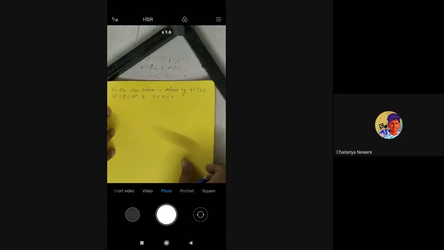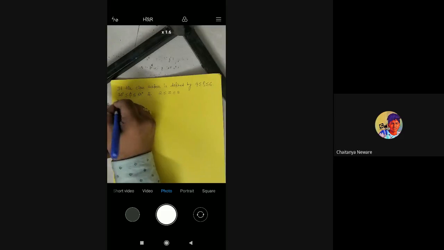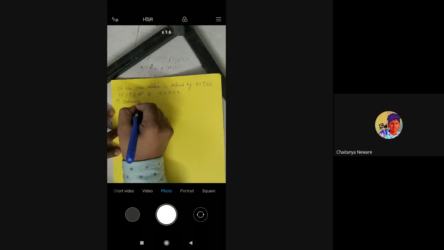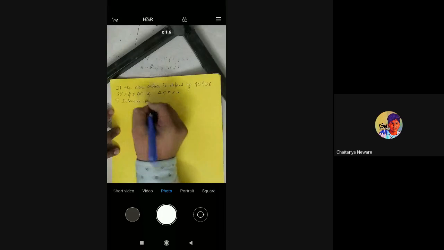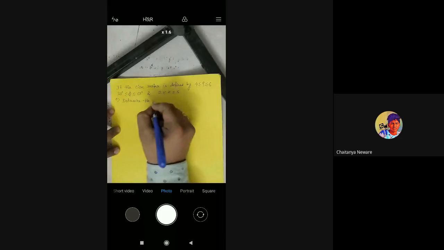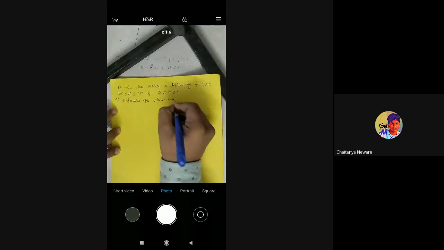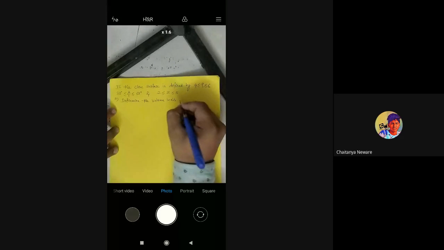Then we have to determine the volume inside the closed surface.